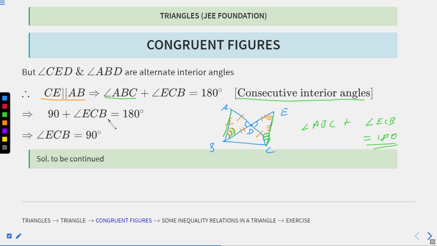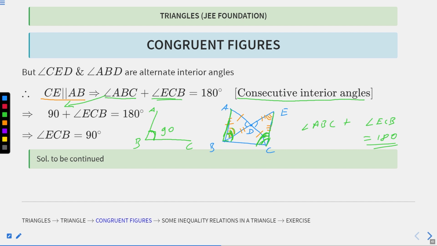We already know that this whole angle was my ABC, which was 90 degrees, and this angle ECB I am talking about.